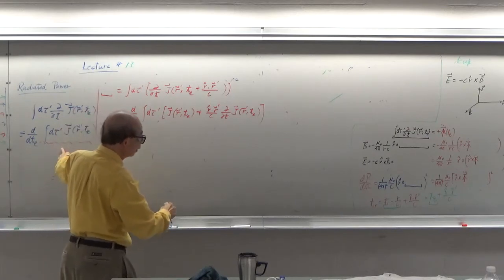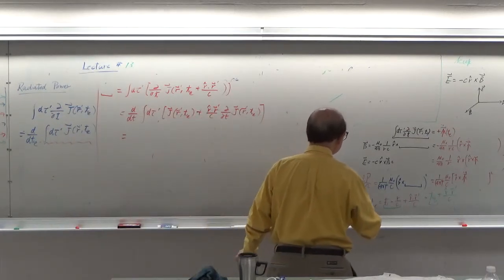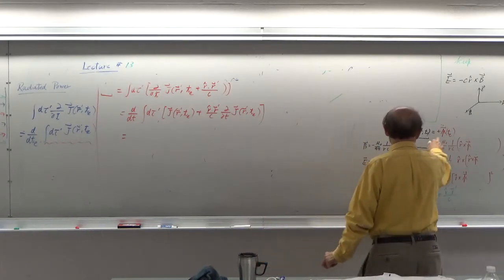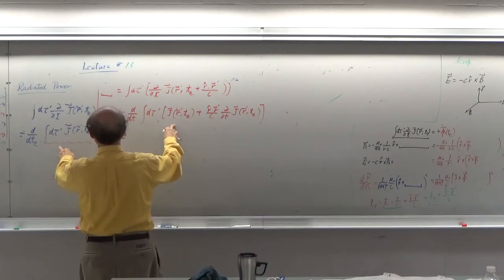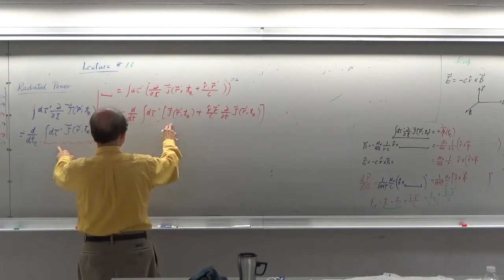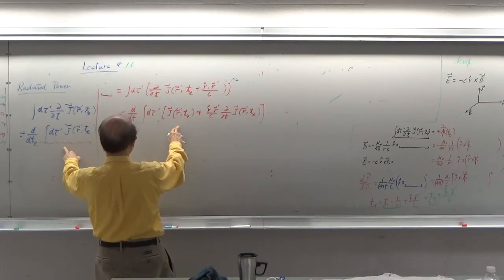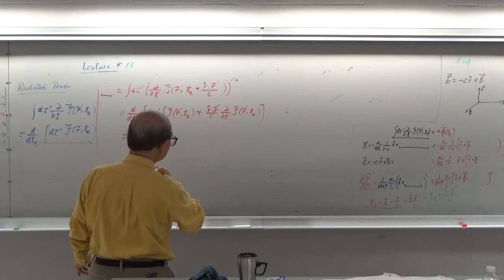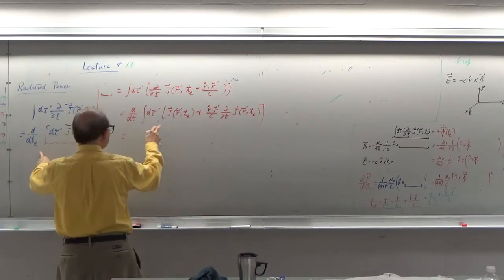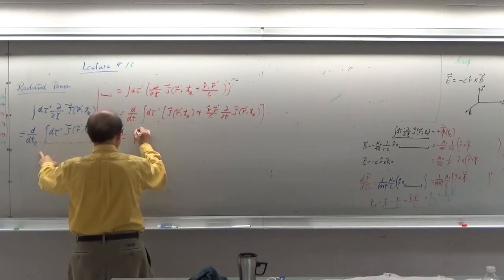And this is P dot. So that I have P. This is P dot. So this gives me P dot, another derivative, so it's P double dot.